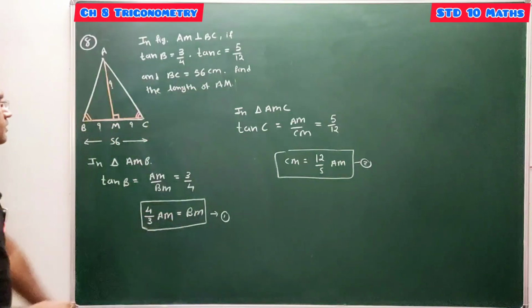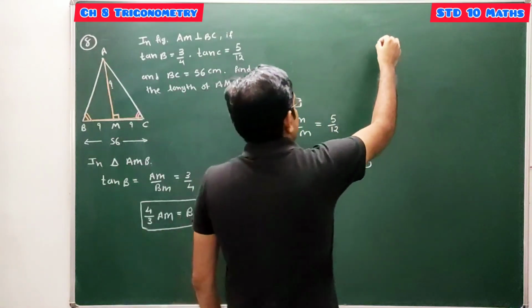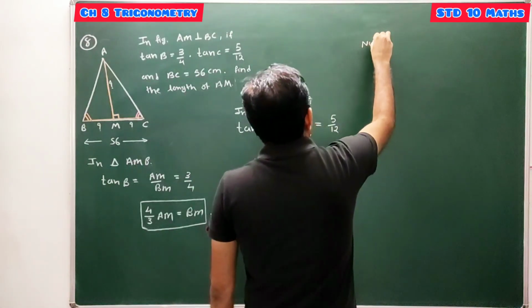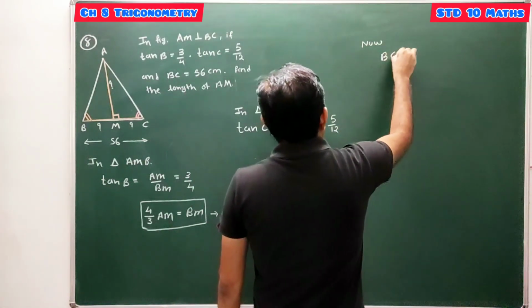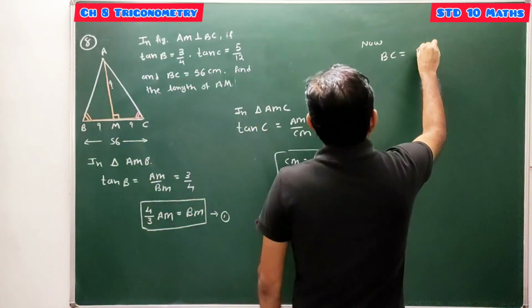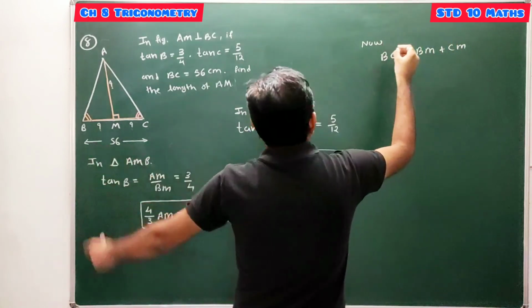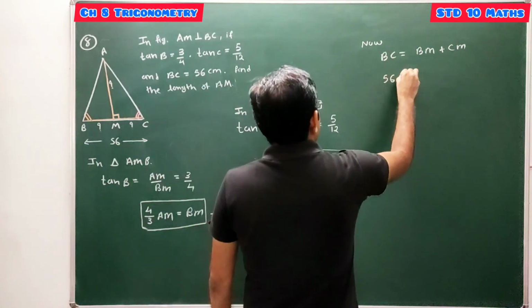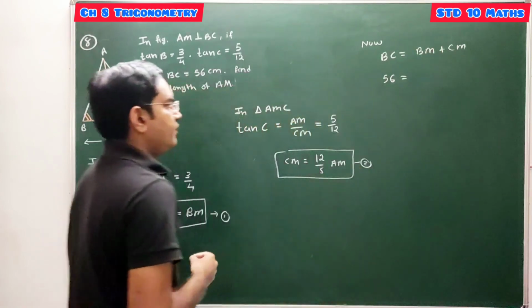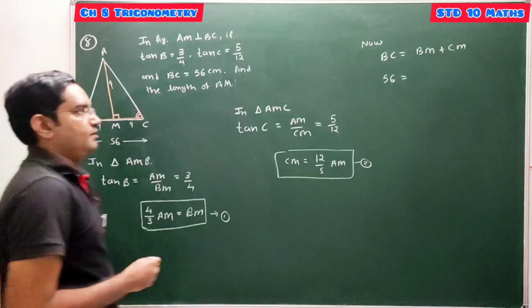So BM is there and CM is there. What is BC? We can say that our BC is the sum of BM and CM. BM plus CM. Total length of BC is given, 56, and BM that we have derived from tan B, the length of BM is 4 by 3 AM.